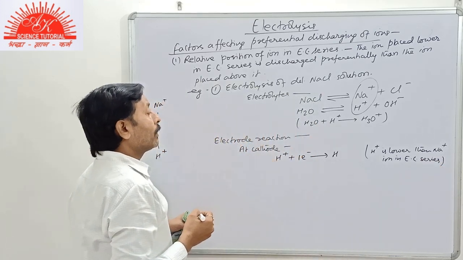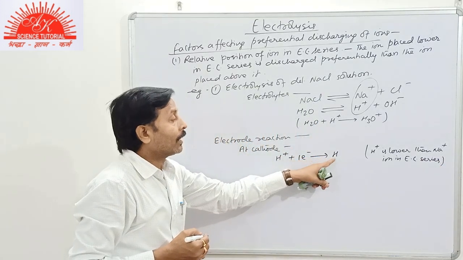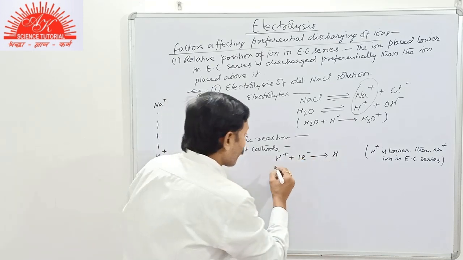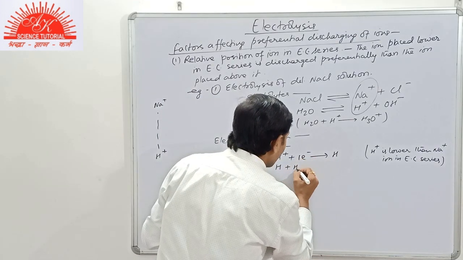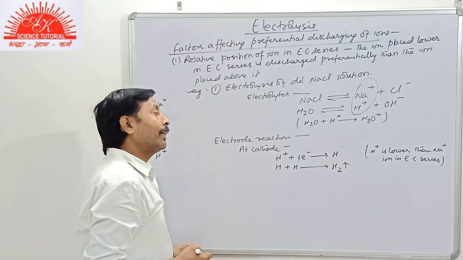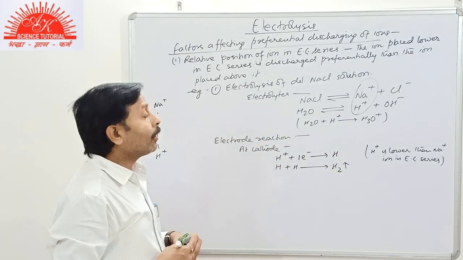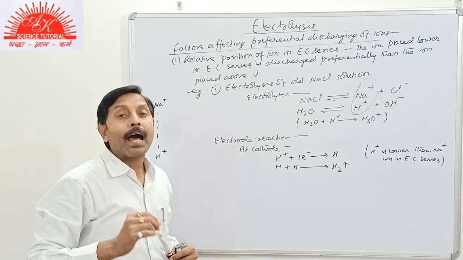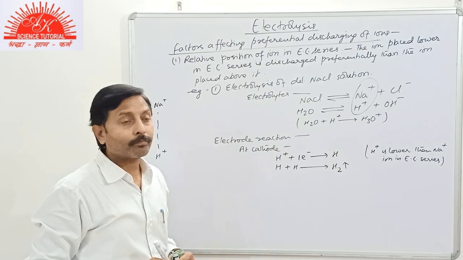As hydrogen is a diatomic gas, two hydrogen atoms combine to form a molecule of hydrogen. Hence, bubbles of hydrogen gas will be evolved at the cathode.